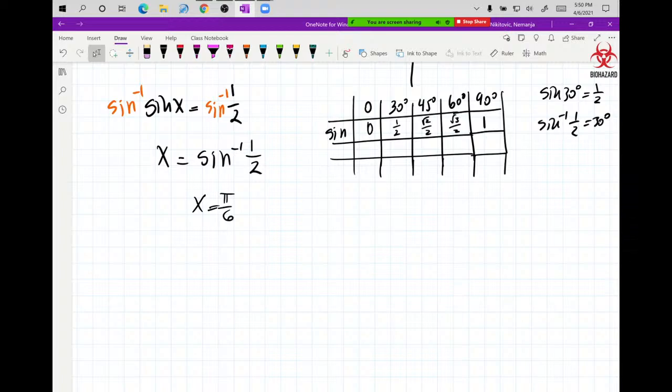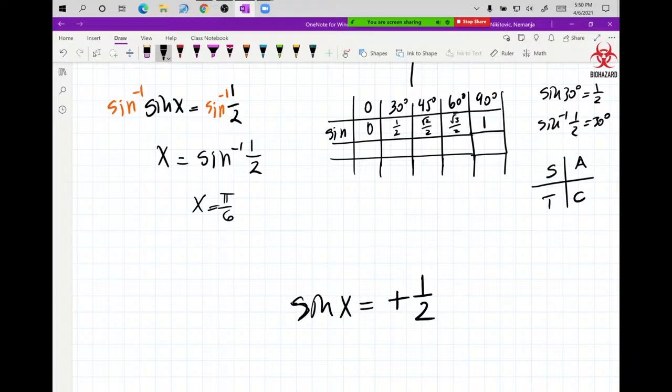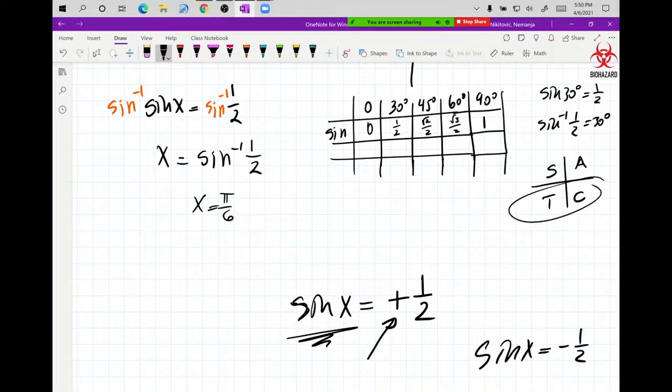But it is using those quadrants, all students take calculus. Because we have the problem which says sine x equals positive 1/2. So sine x is positive, because you could have had problem sine x equals negative 1/2, in which case you would be looking at the bottom two quadrants.